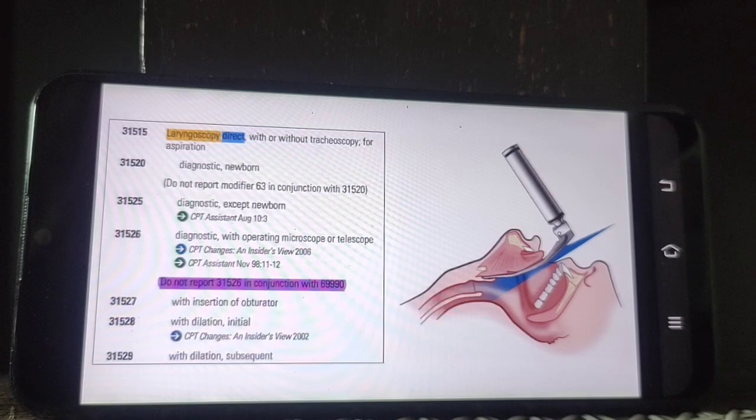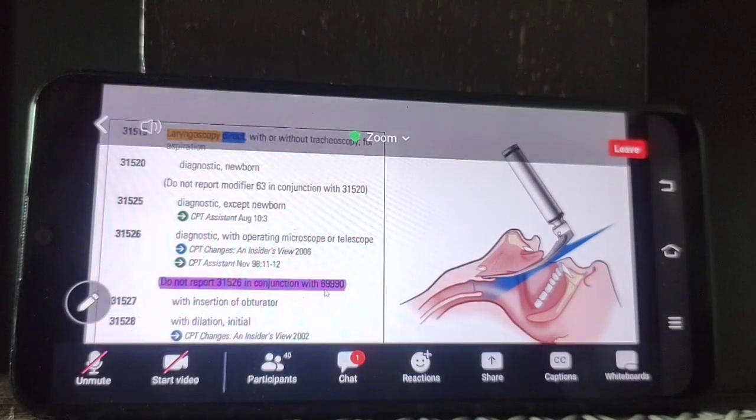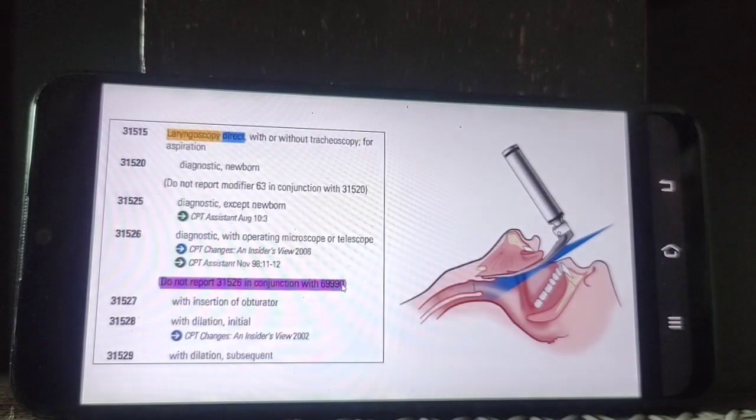But do not report 31526 along with 69990. So when you are reporting 31526, you should not report the code 69990 with it. That means 69990 is a specific code for operating microscope or telescope usage.